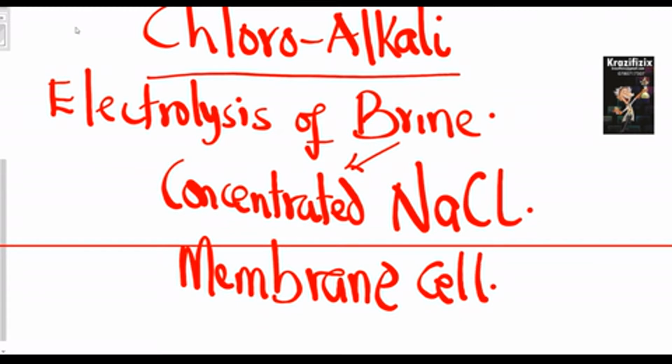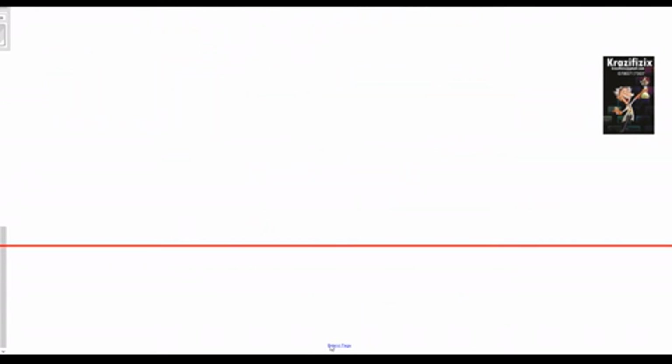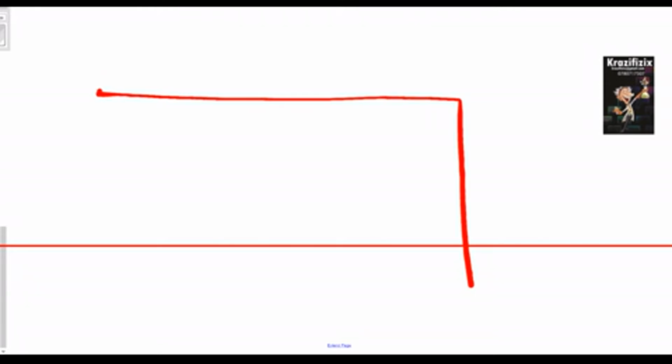Let's draw what the membrane cell looks like, and then we will analyze what goes on with the membrane cell. The membrane cell actually looks like a very easy cell to look at.